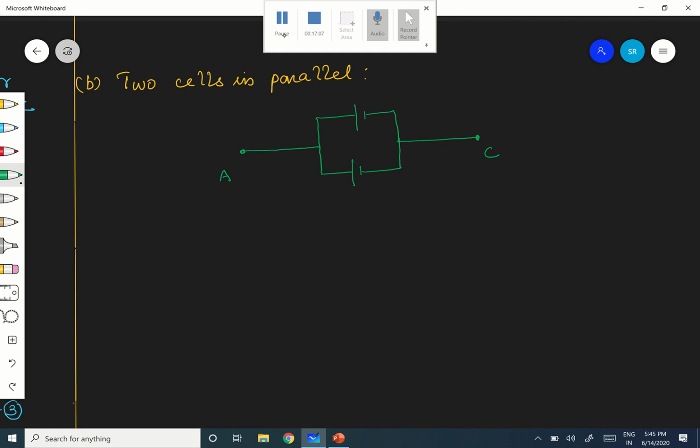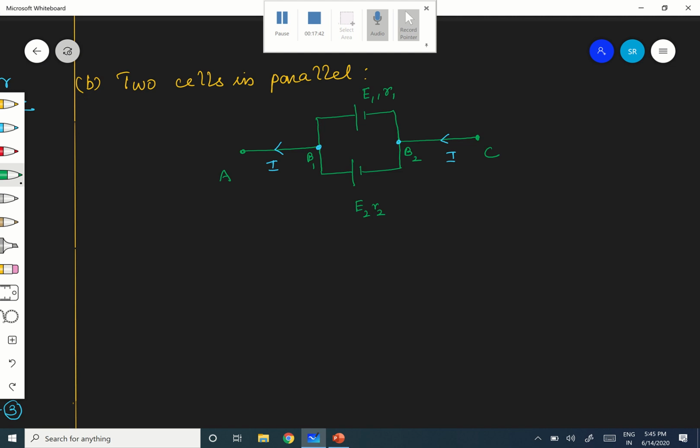The cells have EMF E1, R1 and E2, R2, and the net current drawn from both the cells, let it be I. Two points here, two more points here, both are connected now. Let me name them B1 and B2.